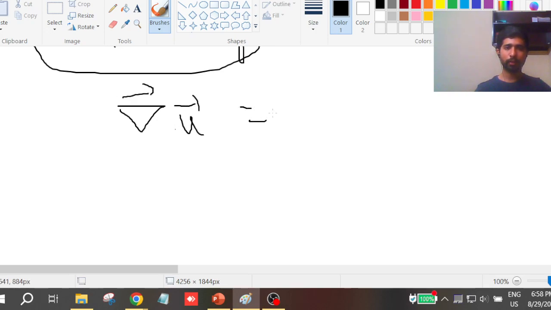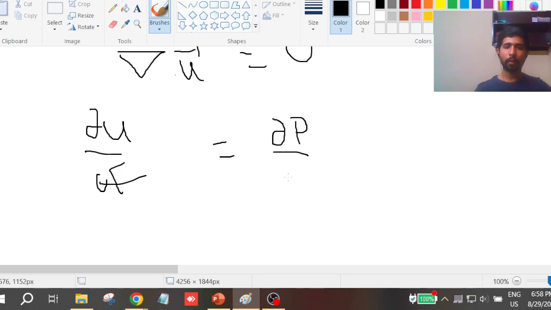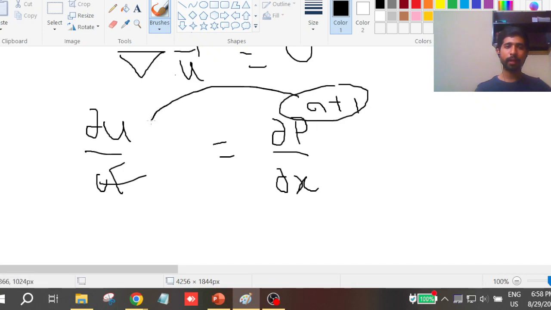Divergence of this velocity is equal to 0, whereas in the momentum equation I have the unsteady term, the advection term, but it also depends on the pressure gradient. Now this pressure at the n plus 1th time step, at the current time step, will drive the velocity.